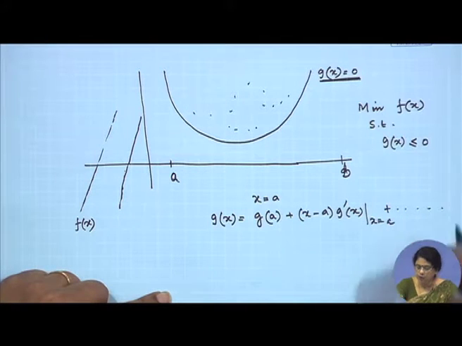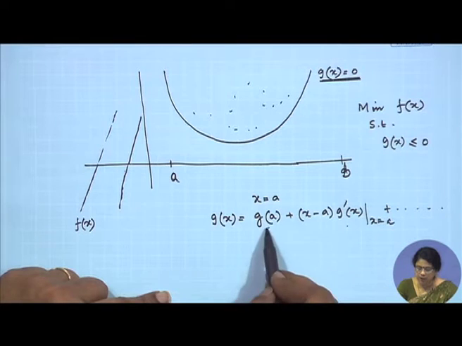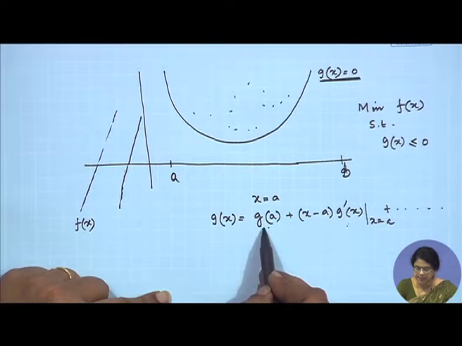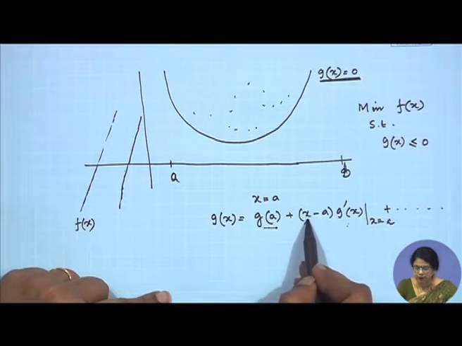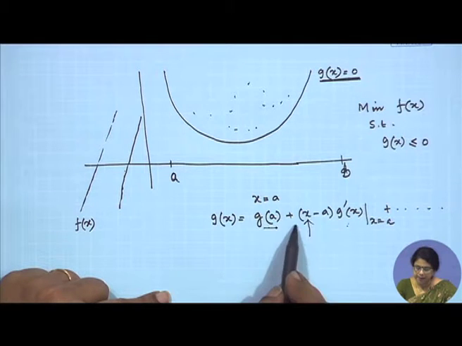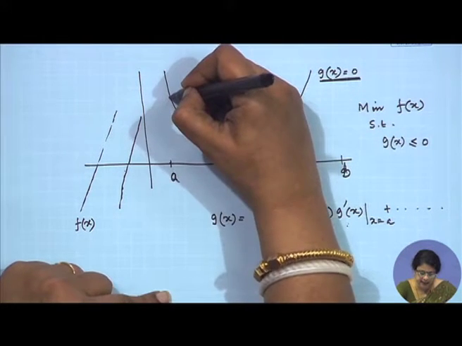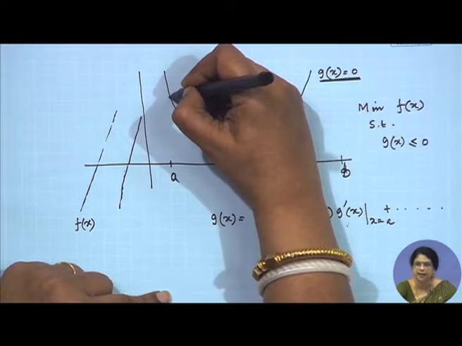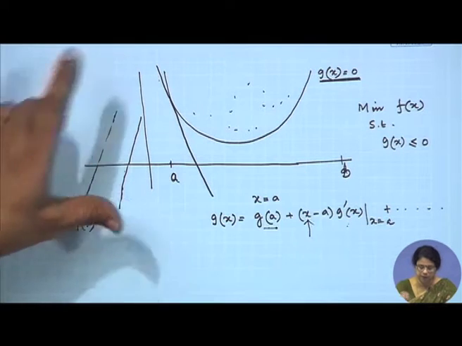Let me ignore all these higher terms. If I consider just these 2 terms, then g(a) is a constant value and only x is involved here. That is why it becomes a linear function, g(a) plus something. So this nonlinear function will be approximated with a linear function.